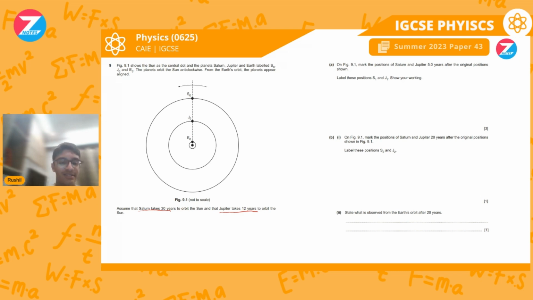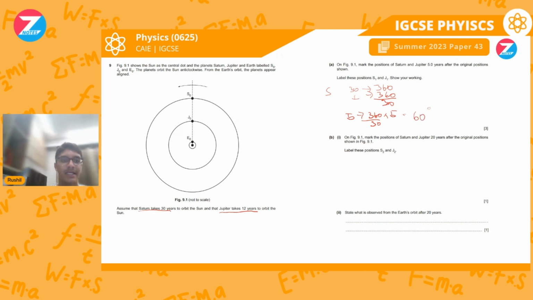So if Saturn for 360 degrees takes 30 years, then 1 year will give us 360 by 30. 5 years gives us 360 by 30 into 5, which is 60 degrees.